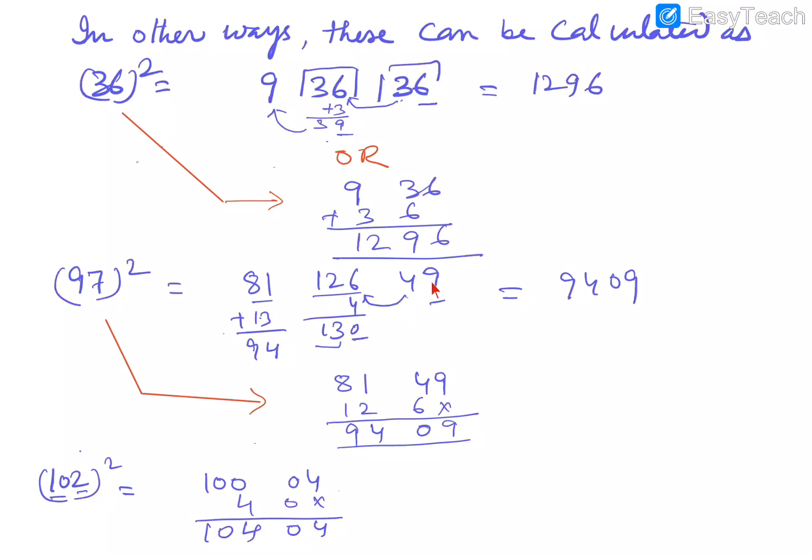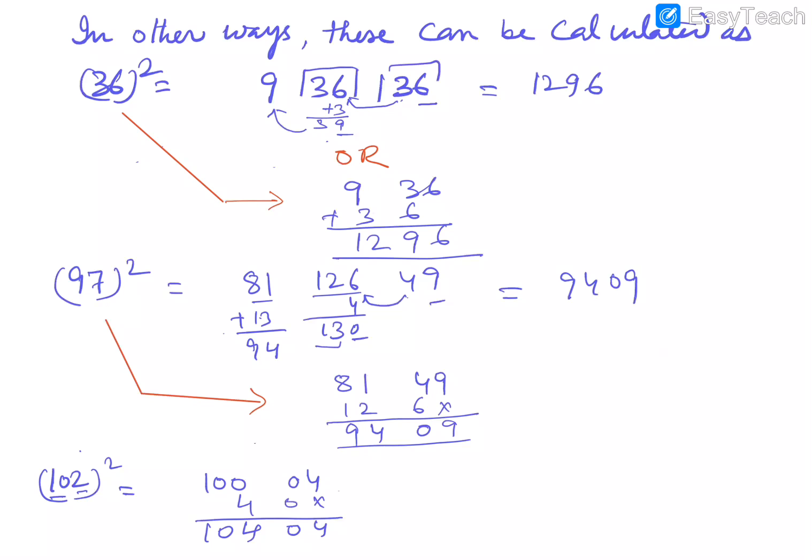So you will take 9 here in the answer part, carry this 4 to this number 126, this gives 130. Now 0 will be taken here, this will make part of the answer, and carry this 13 to this number, and total is 94. Now put the entire number here. So in this way 9409 is the square of 97.